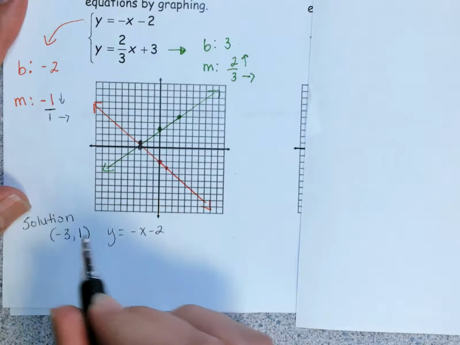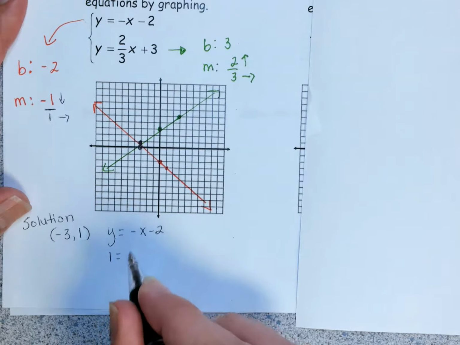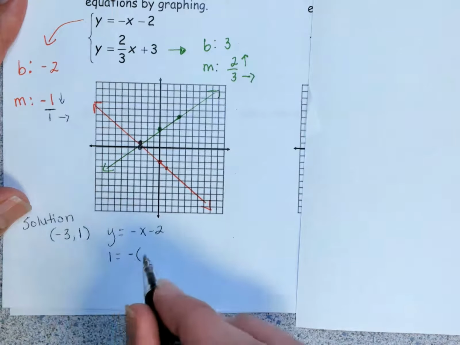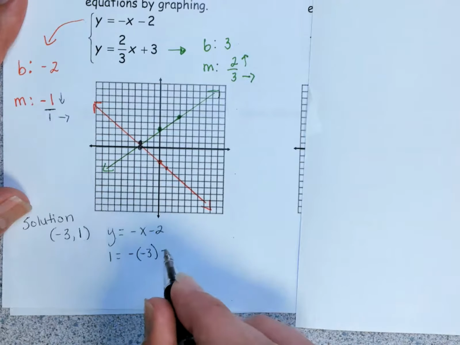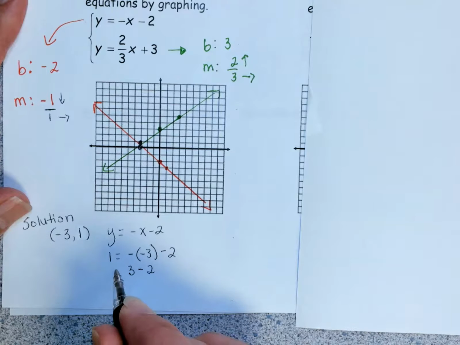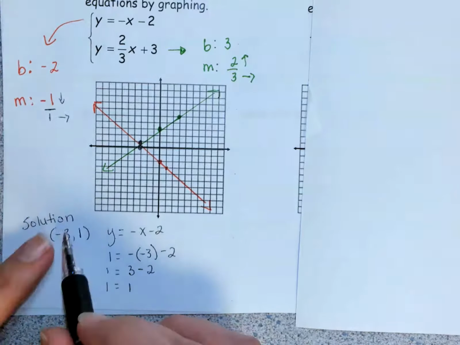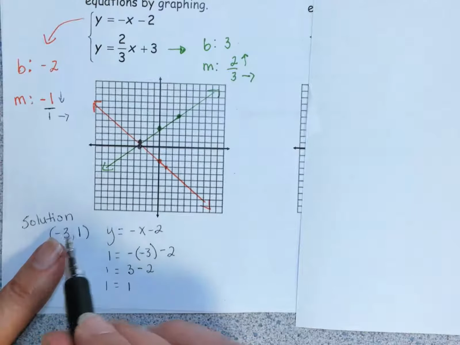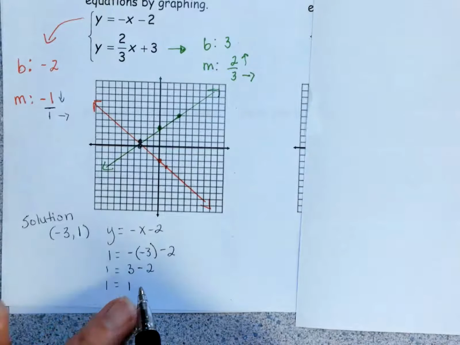If I replace y with 1 and write the negative symbol, negative 3 minus 2. When I solve this, a negative and a negative make a positive. 3 minus 2 is 1, and you can see we have 1 on this side. So this is the solution because when you plug in this point, 1 equals 1.